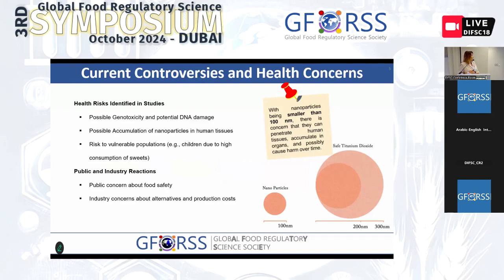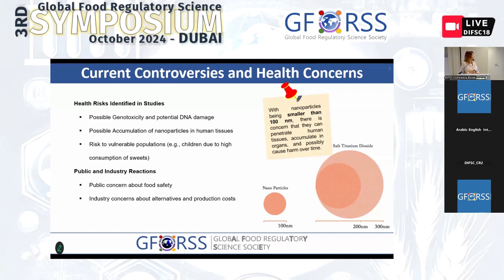For nanoparticles, smaller than 100 nanometers, there is concern that they can penetrate human tissue and cause possible genotoxicity risk and potential DNA damage, with possible accumulation of nanoparticles in human tissue.